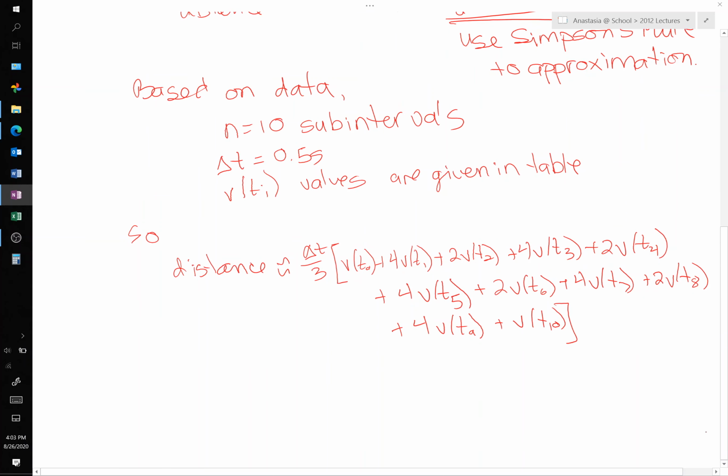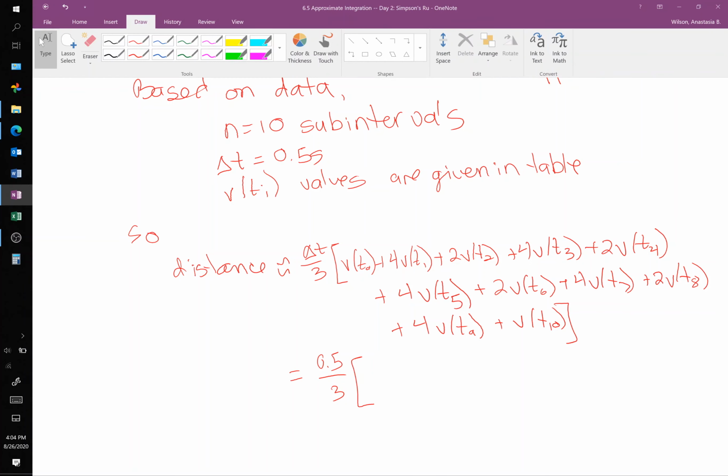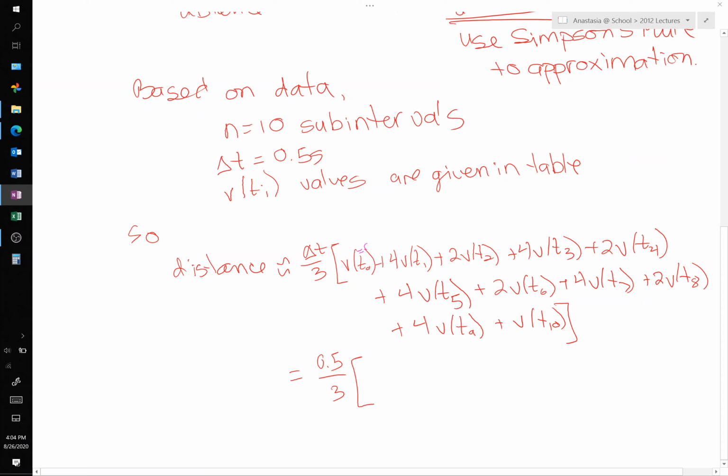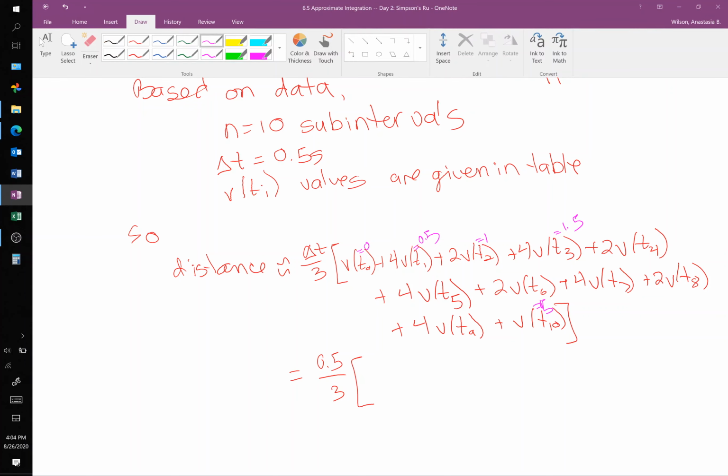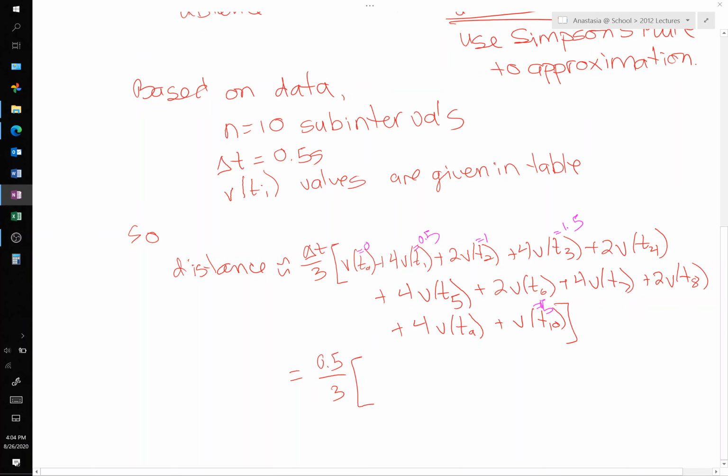So this means delta t is 0.5, so we're going to have that divided by 3. Our first velocity value is when t equals 0, because this is 0, this is 1/2, this is 1, this is 1.5, and so on and so forth up to the value of 5 for t10. So v of t0 is 0.